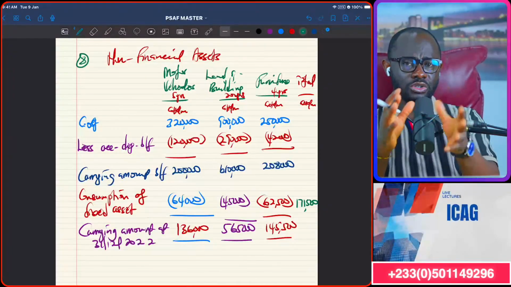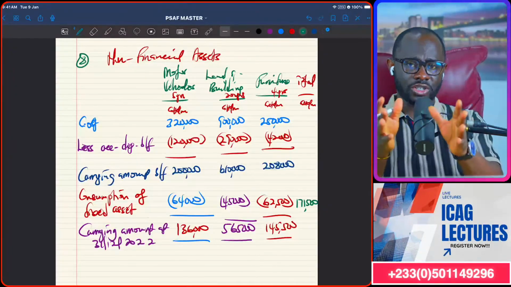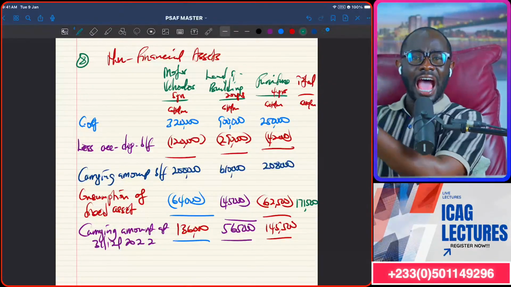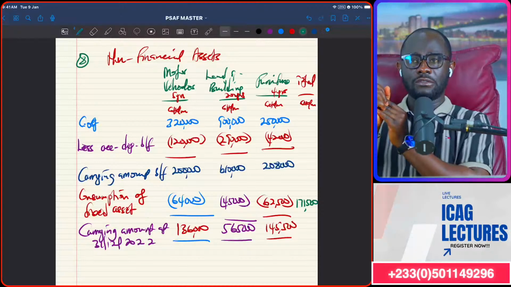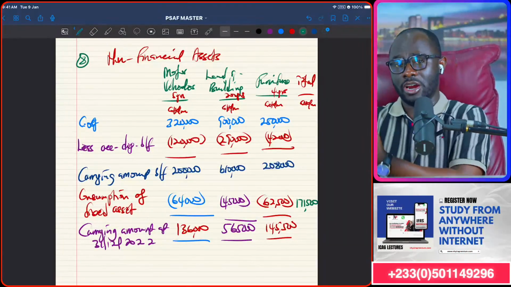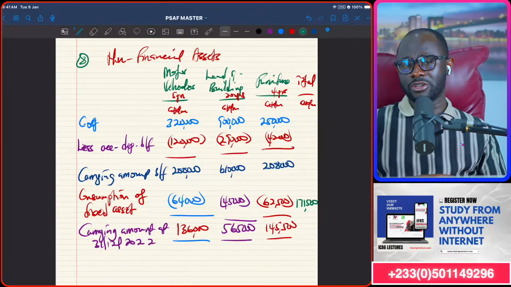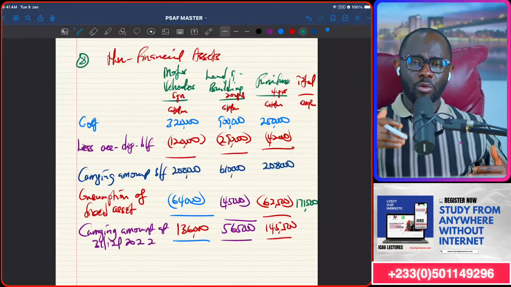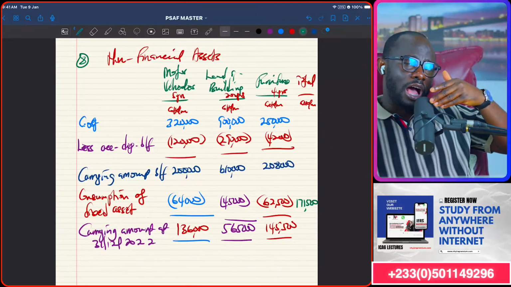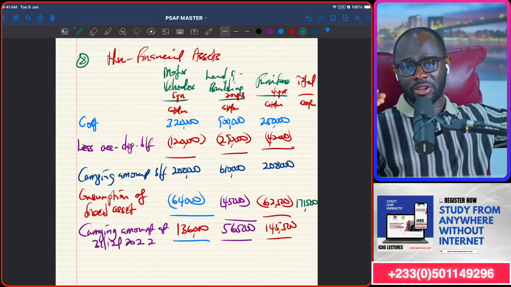Again, I always want you to understand the parallel, the relationship between the two, because in the private sector, under the IFRSs, we have IAS 8, accounting policies, changes in accounting estimates and errors. And if there are prior period errors, you will adjust for them on the opening figures, and if they have any P&L effect, then you will adjust for it in the retained earnings.